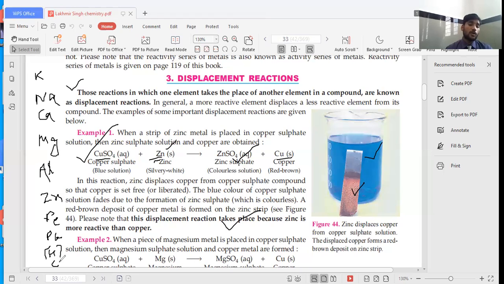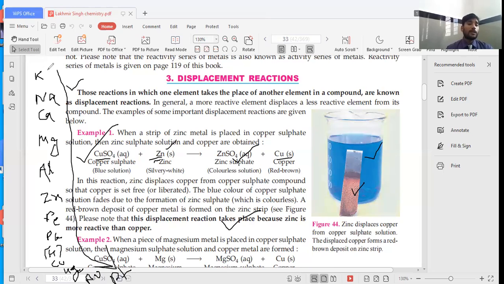Below this we are having copper, mercury, gold, platinum. So this is the decreasing order of your reactivity series.